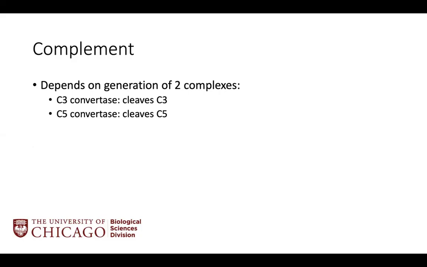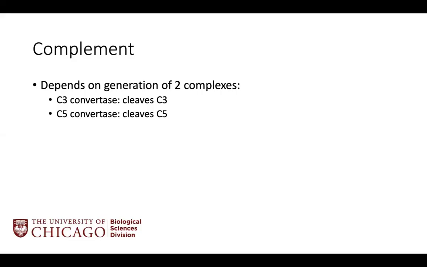Okay. All these different pathways depend on generation of 2 complexes. I think that is one of the most important things you can keep in mind when you're trying to study the complement system. You're trying to get a C3 convertase and you're trying to get a C5 convertase. One leads to the other. No matter how you start the system, you're trying to get a C3 convertase because the job of a C3 convertase is to cleave C3.